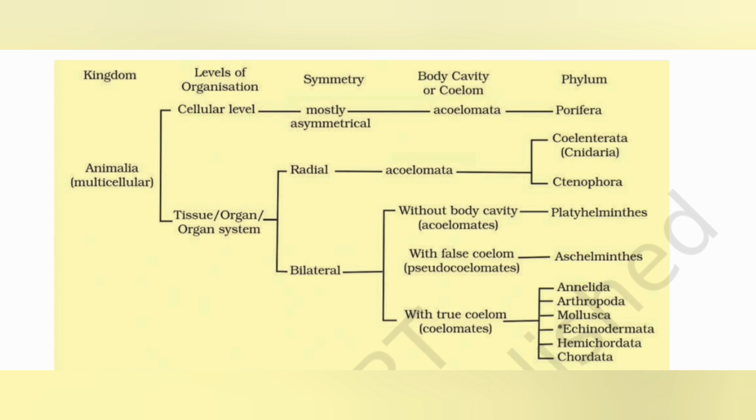Kingdom Animalia (multicellular). Level of organization: cellular level, tissue, organ system. Symmetry: mostly asymmetrical.